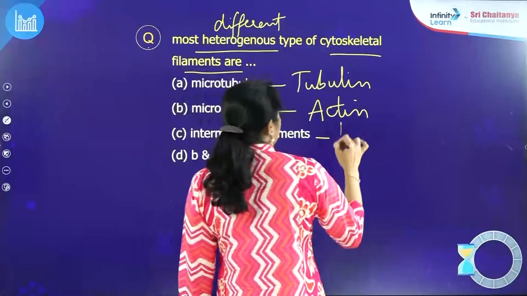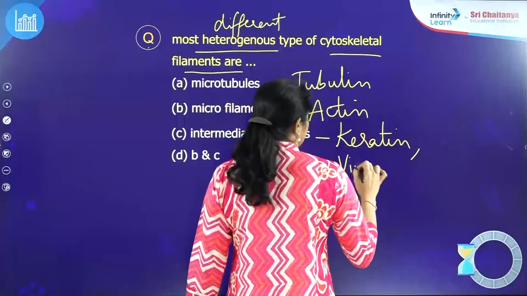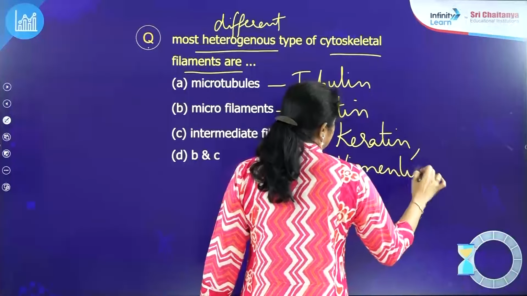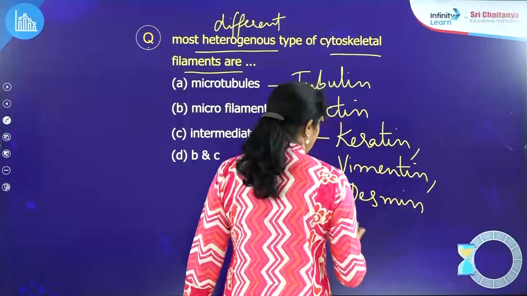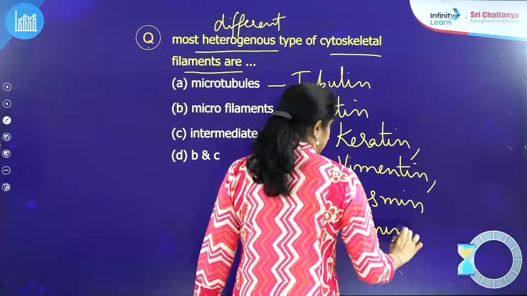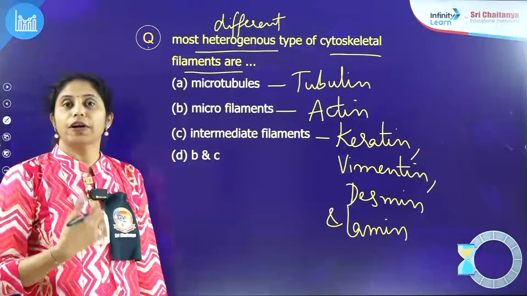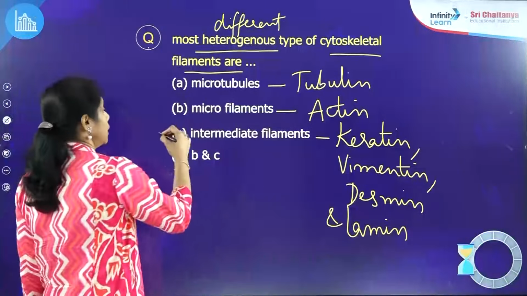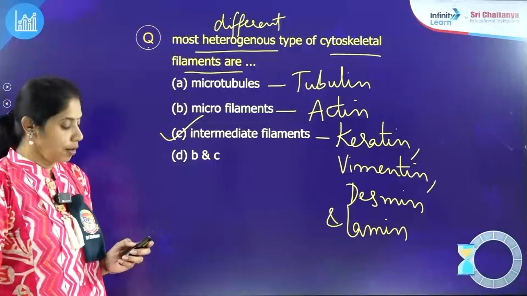Intermediate filaments are made up of keratin, vimentin, desmin and lamin, etc. So here, the one made up of different types of proteins is basically intermediate filaments. So for this question the correct answer will be intermediate filaments.